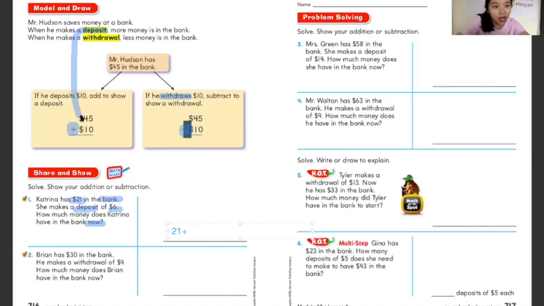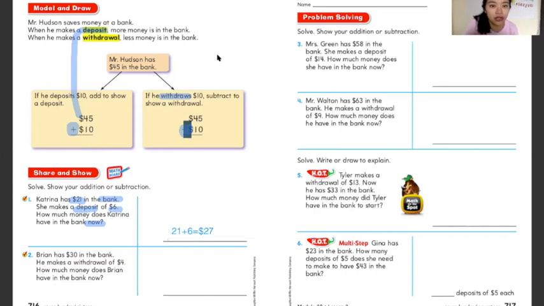Now we know deposit is associated with addition. So I would add $6 to how much she has, and that gives us a total of 27. Now remember to always include the money unit so we know if we're adding dollars or we're adding pennies, because that's completely different, right? Okay, so far so good.